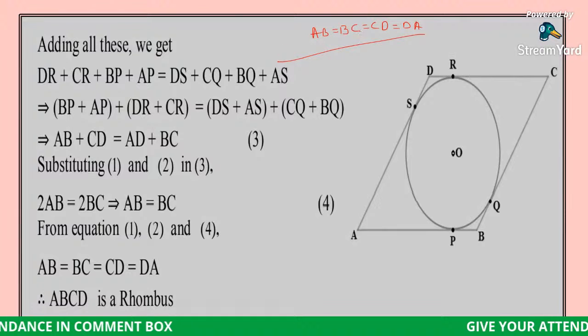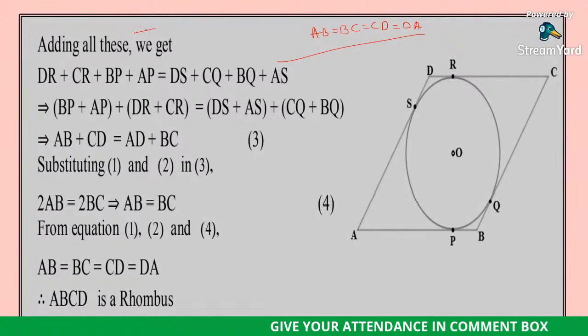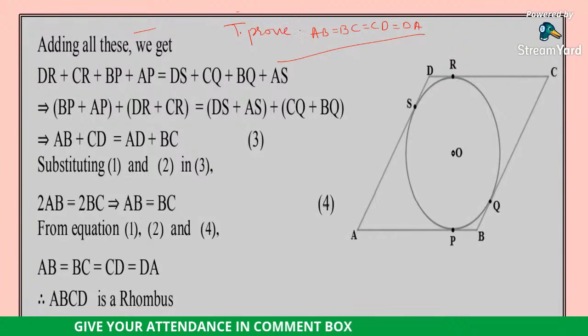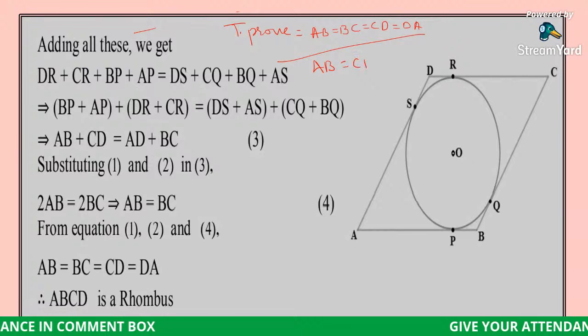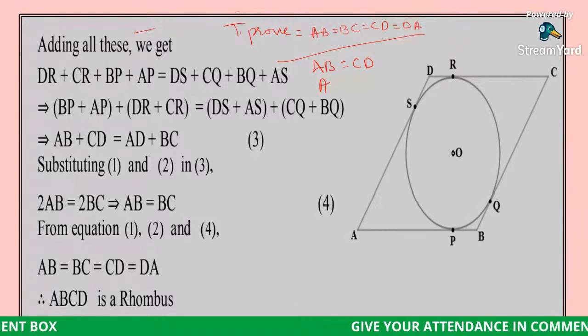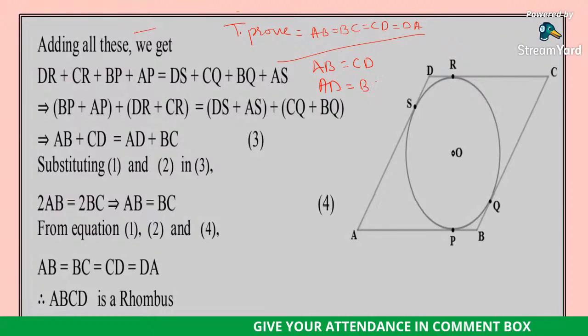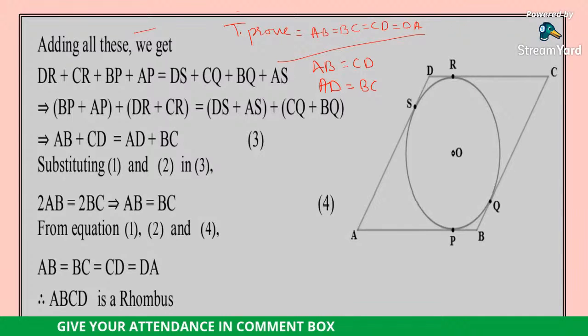That is to prove. And given is AB is equal to CD and AD is equal to BC, because they have given it is a parallelogram, means opposite sides are equal and parallel because of the parallelogram property.